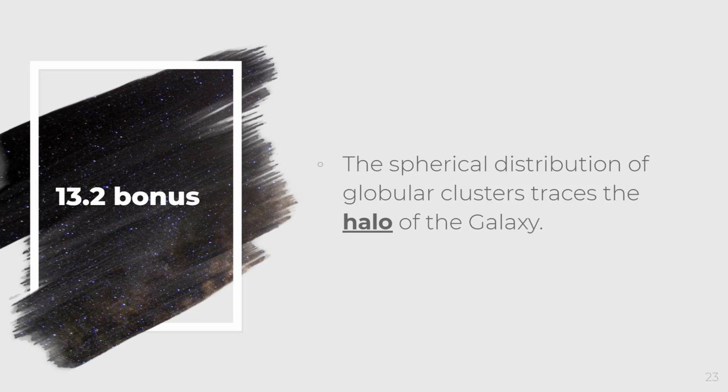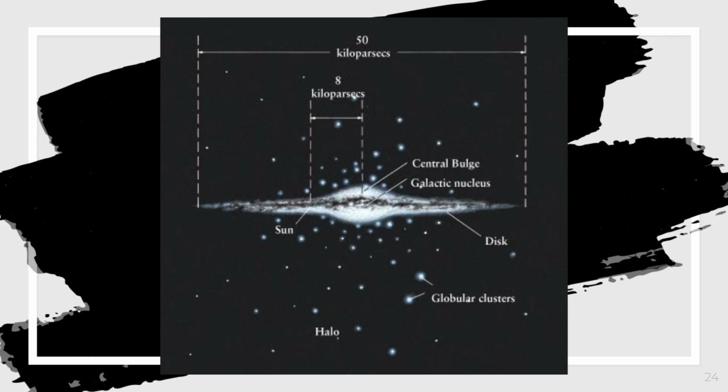And then there's a couple other stars that are kind of running around doing their own thing around the central bulge and around the disk. This spherical distribution of globular clusters traces the halo of our galaxy. And again, here is an artist's representation of what a galaxy looks like because we have never seen outside of our galaxy like this.